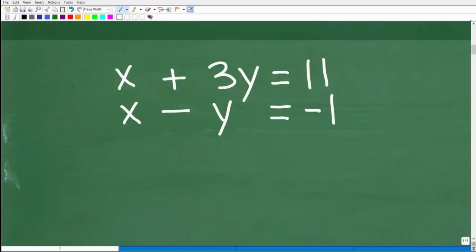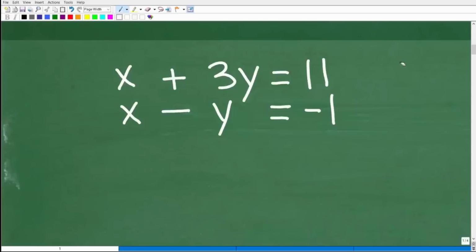I'm definitely not going to graph each linear equation and see where the point of intersection may be, because these two lines could be parallel. So I'm deciding which technique to use, the substitution method or the linear combination method. And in this particular problem, both are good options.